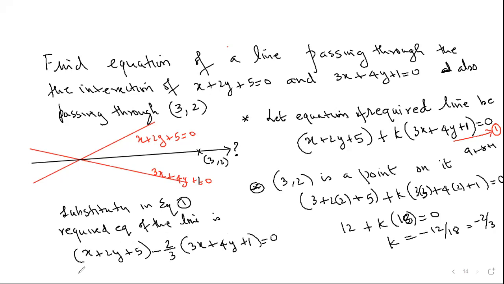So 3 into x plus 2y plus 5 minus 2 into 3x plus 4y plus 1 equal to 0. Now just expand this and write the answer.